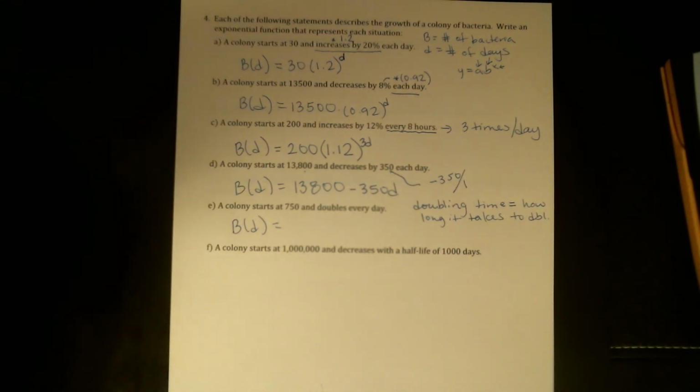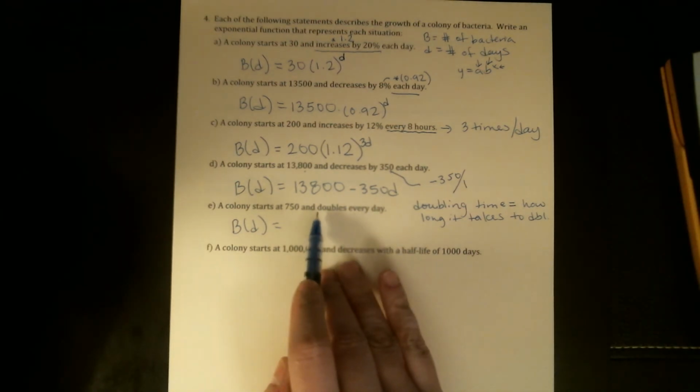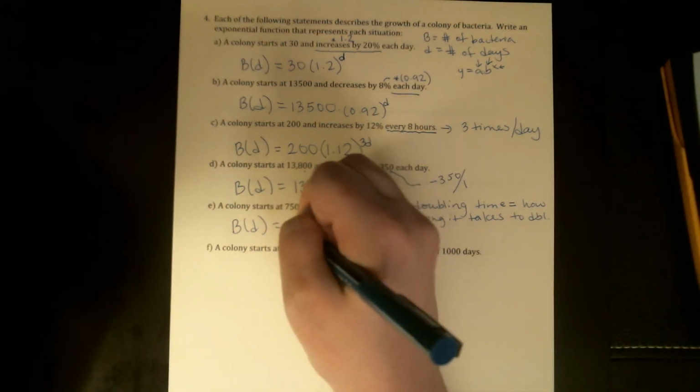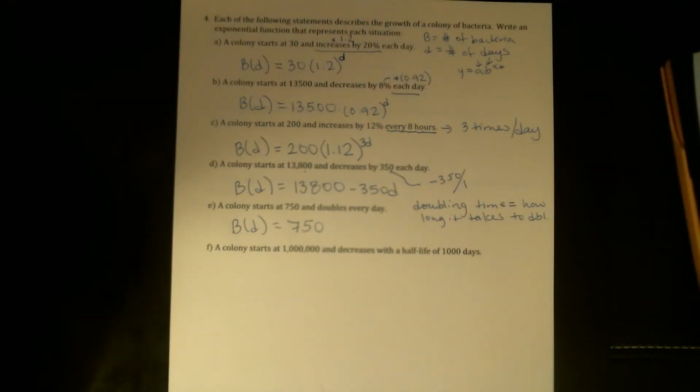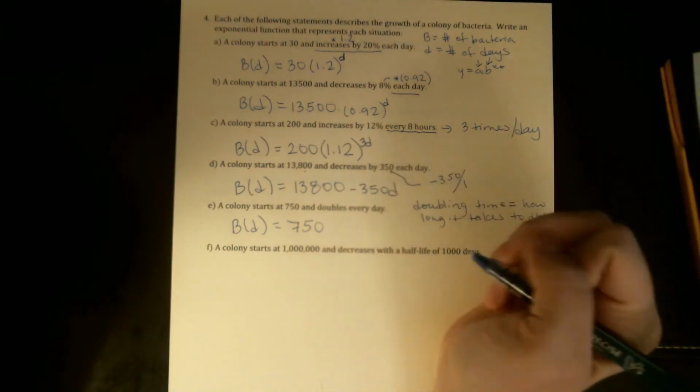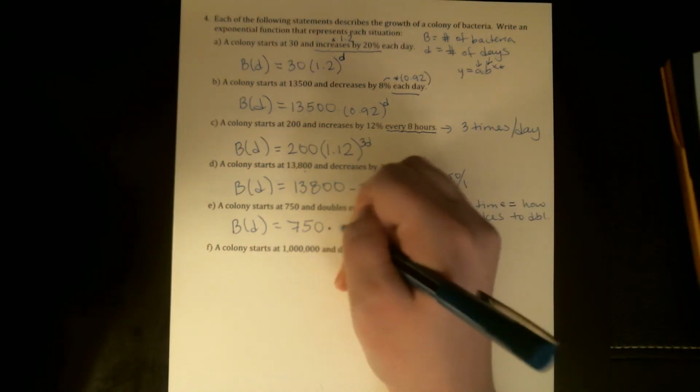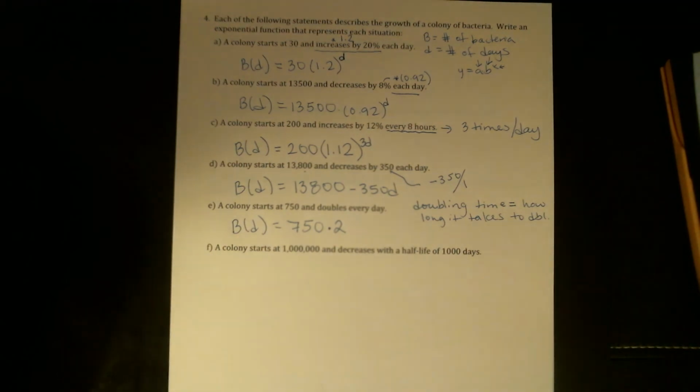So if you are ever told that something has a doubling time of 2.5 hours, that means every 2.5 hours that pass will cause it to double. So doubling, that's multiplying by 2. So I'm going to say that my A is 750, start at 750 bacteria. Doubles every day means we're multiplying by 2.